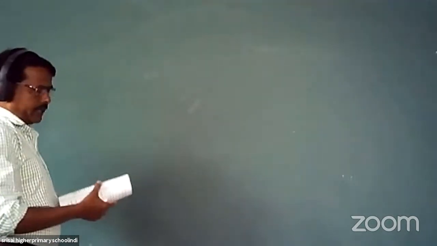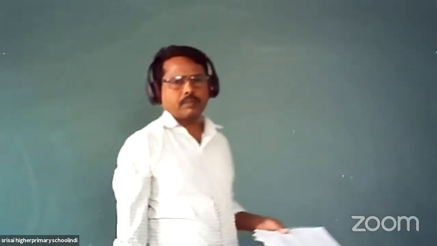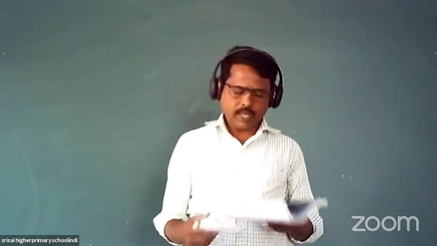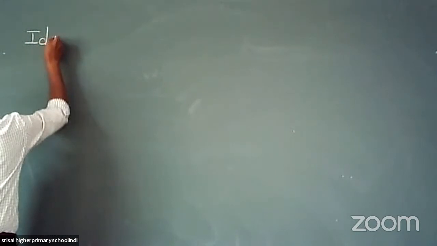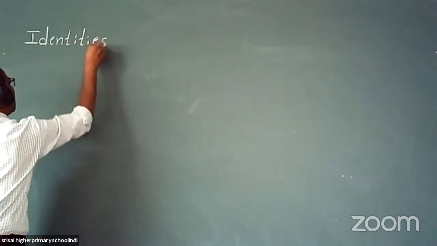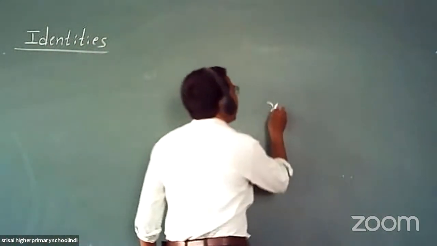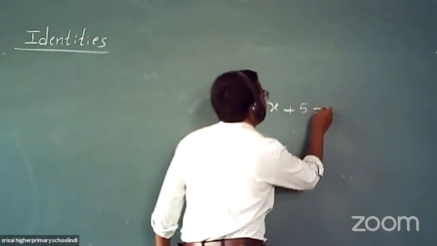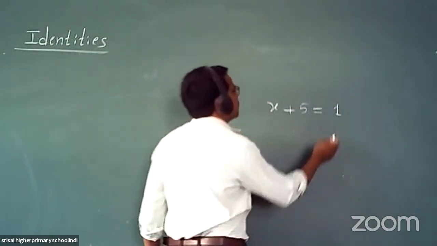Now there are some identities to simplify these irrationals, that is product of irrationals or sum of irrationals. We use some identities. We shall write these identities. Last year we have studied some identities. Say for example, a simple one I'll take.